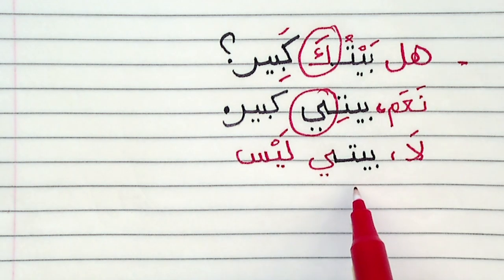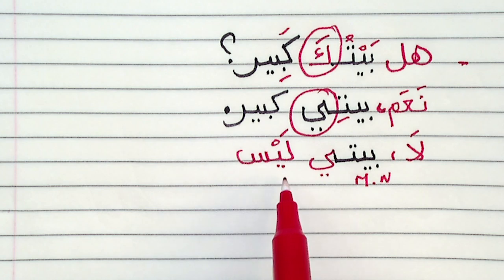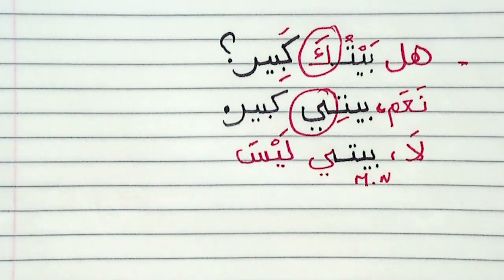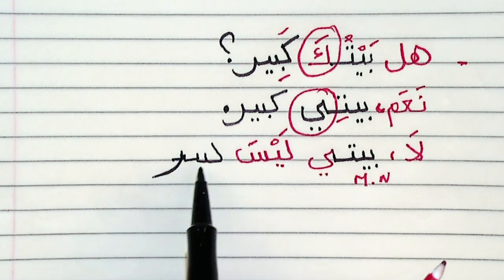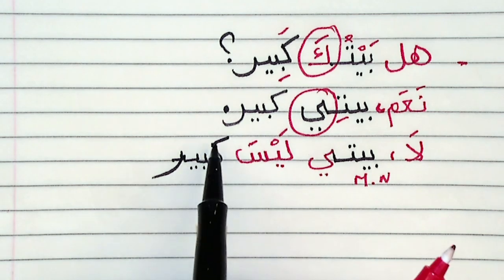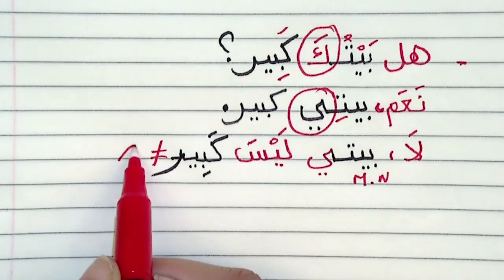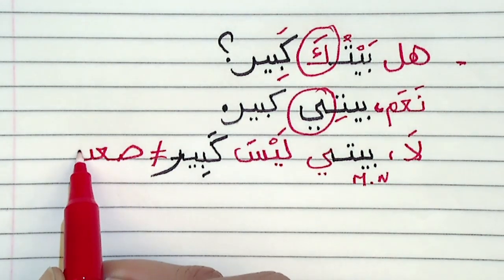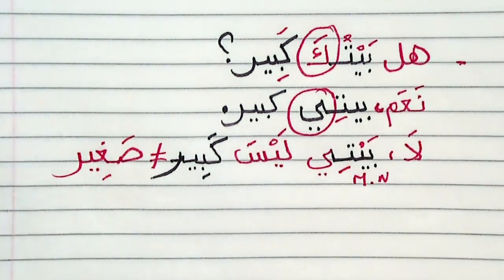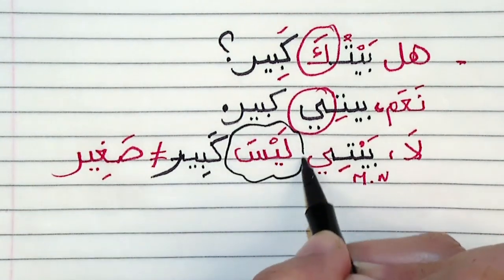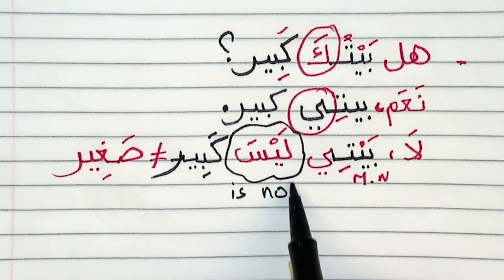Because we have a masculine noun, bait, we say ليس, بيتي ليس كبير. My house is not big. The opposite of كبير would be صغير. So بيتي ليس, ليس is not.